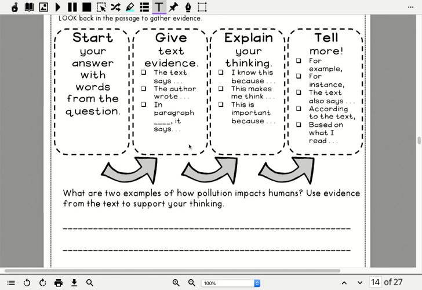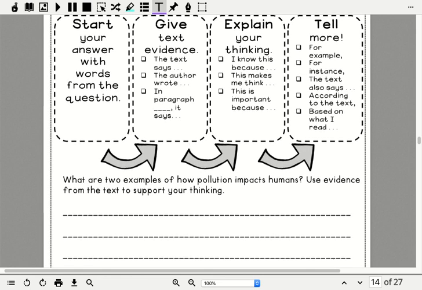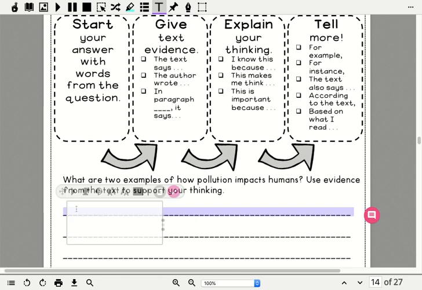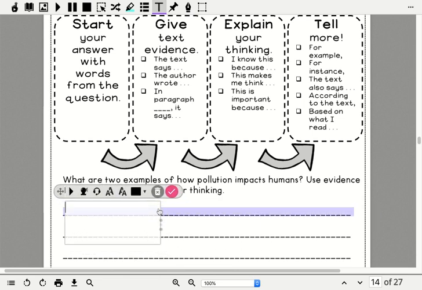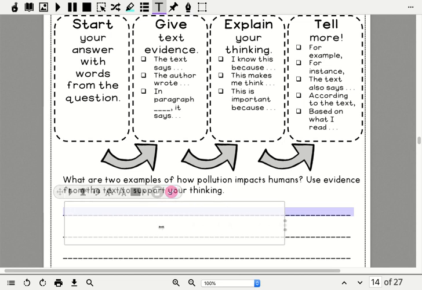Okay, so let's come down here and look at our question. So our question says, what are two examples of how pollution impacts humans? Use evidence from the text to support your thinking. Okay, remember the first thing that I have to do is restate my question.